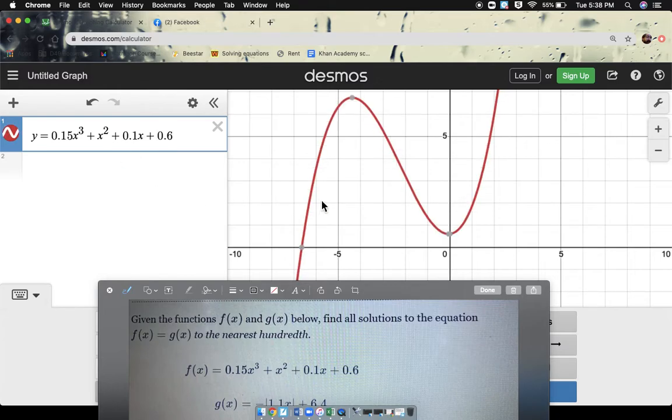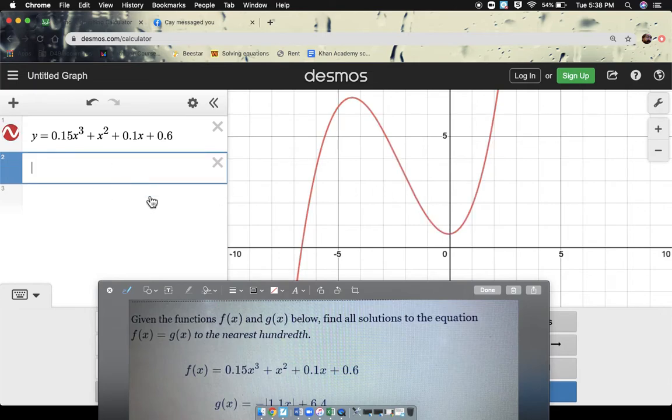So there's our first function. And you can see that nice cubic pattern that it comes with. It's got a positive a value at that 0.15, so it's going to start from negative infinity and continue all the way to positive infinity. So there's our first graph.